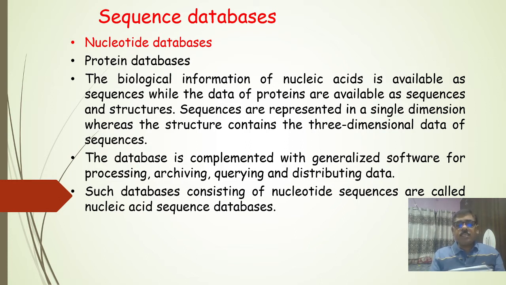The database is complemented with generalized software for processing, archiving, querying, and distributing the data. Such databases consisting of nucleotide sequences are called nucleic acid sequence databases, meaning those databases having nucleotide sequences. These are called nucleic acid sequence databases or nucleotide databases.